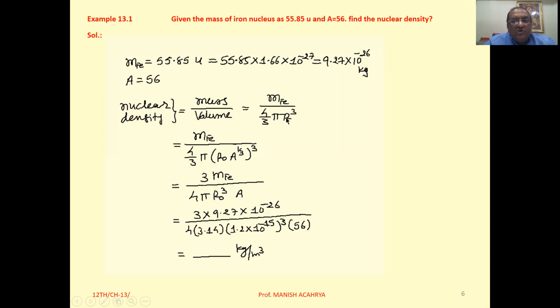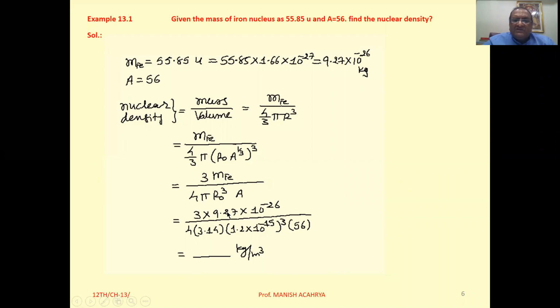But r, the radius of the nuclei, is r0 into A raised to 1/3. We discussed this. So this is equal to mass of Fe upon 4 by 3 pi into (r0 A raised to 1/3) whole cube. So we can write 3 times mass of Fe upon 4 pi, r0 cube and (A raised to 1/3) raised to 3, so you will get A. Clear?